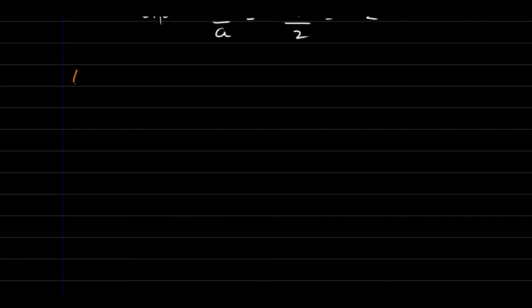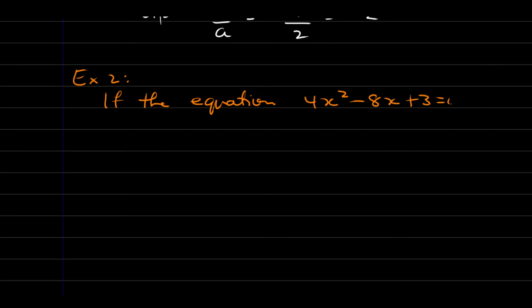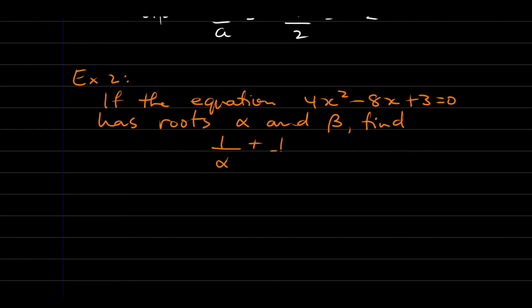Example 2. If the equation 4x squared minus 8x plus 3 is equal to 0 has roots alpha and beta, find 1 over alpha plus 1 over beta.